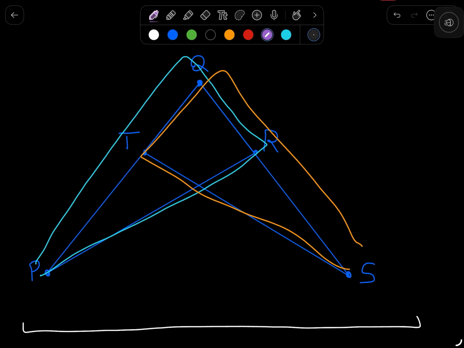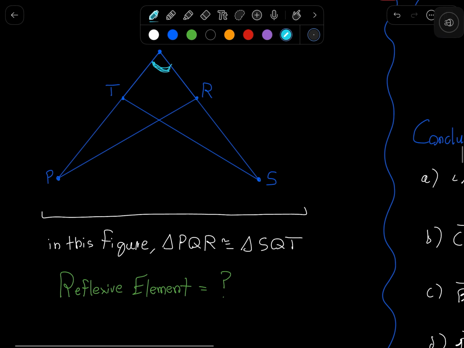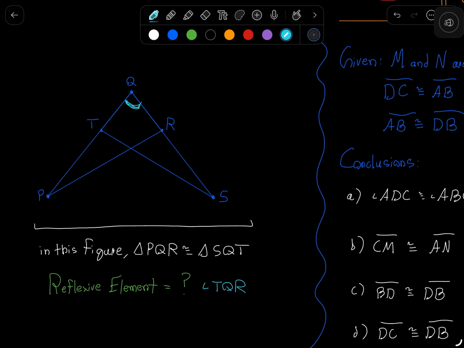You'll notice that both of them share the same angle here. Usually, when two figures share the same component, that's the reflexive component. So in this case, this is the reflexive component here, angle TQR, because that's shared between both of the congruent figures.